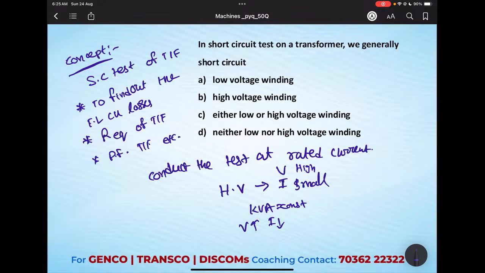That means if you apply a small voltage at HV side, we can get rated current flow in the LV side, as we can see with the diagram.